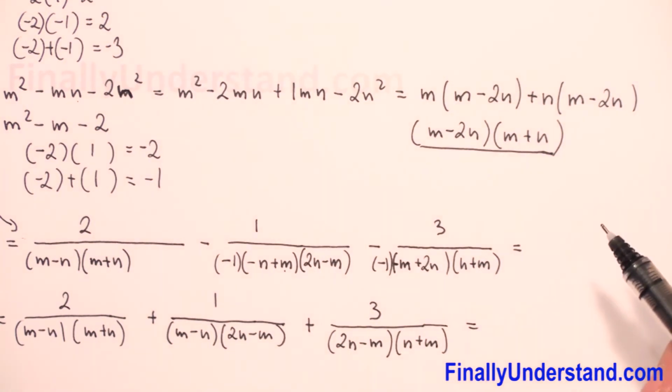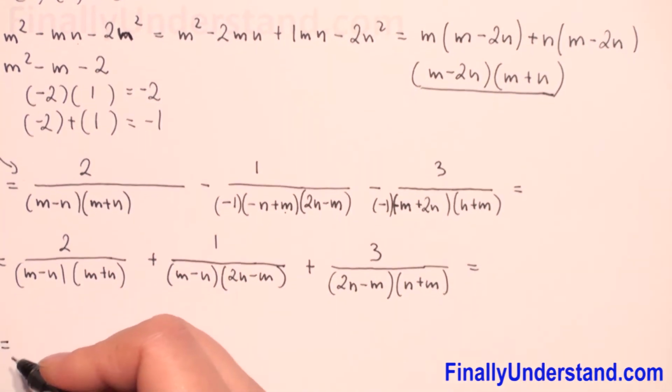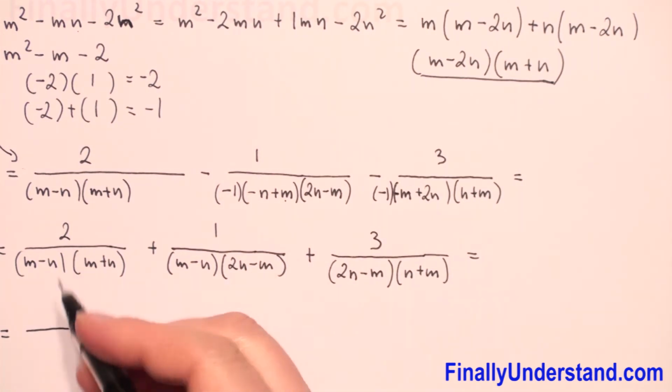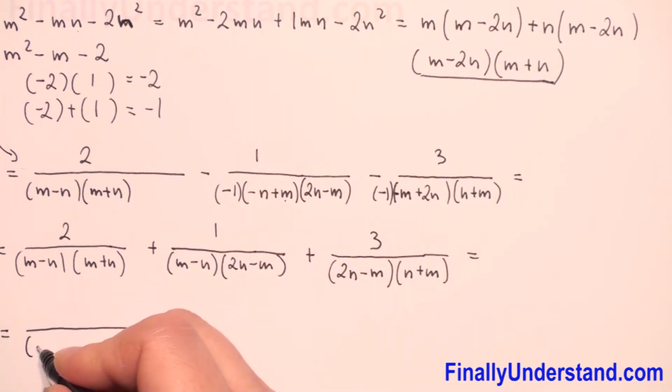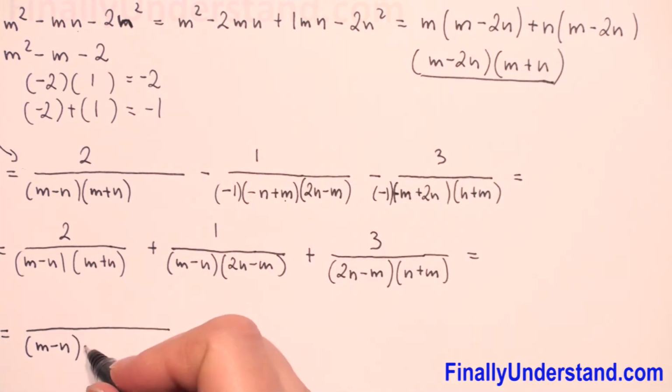Now we see that we have the same in parentheses, m minus n, 2n minus m, and 2n minus m. So it will be easier to find the least common denominator. How do we do this? We have to just copy the first expression in parentheses, m minus n, and copy the second.